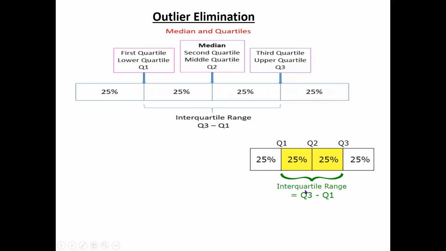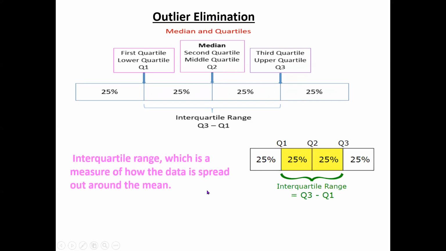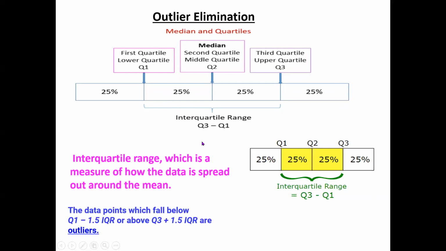So IQR is nothing but Q3 minus Q1. And what is this IQR? It tells how your data is spread around the mean. That's why we consider this IQR, because most of the data is within this range. So if you subtract Q1 from Q3, you will get an idea of how your data is spread.